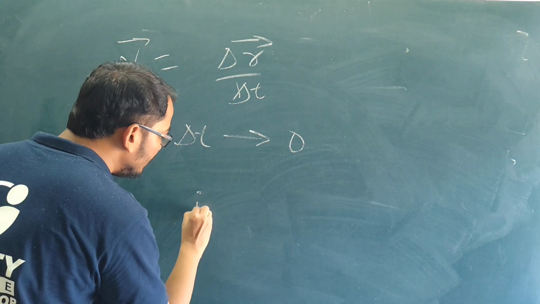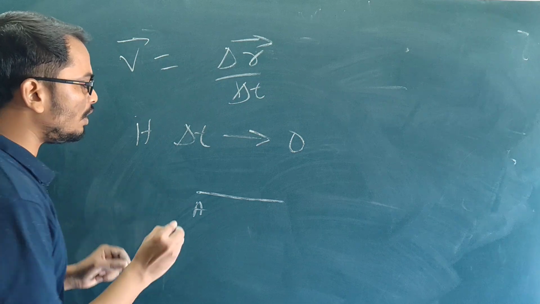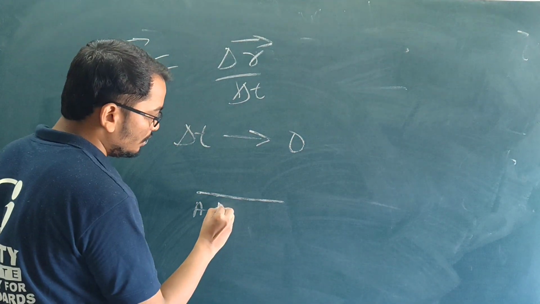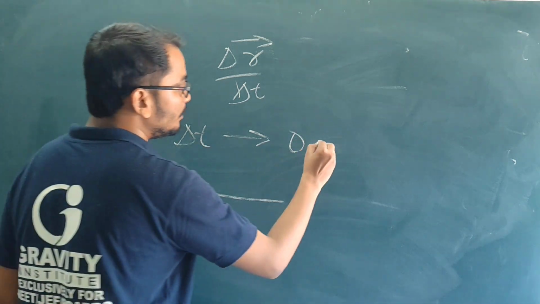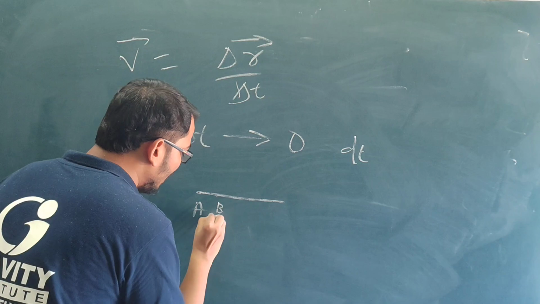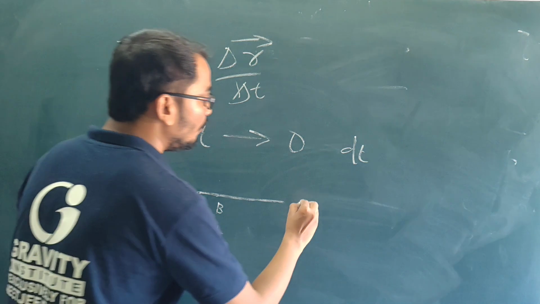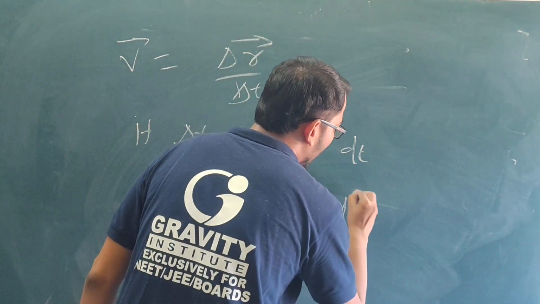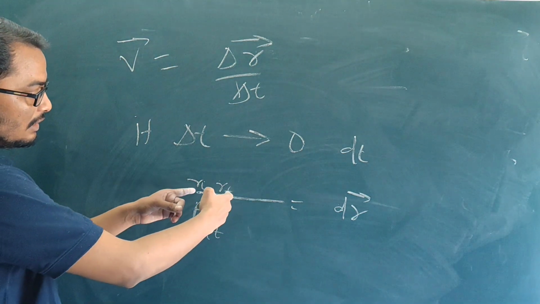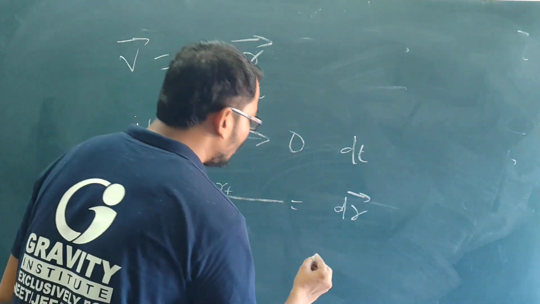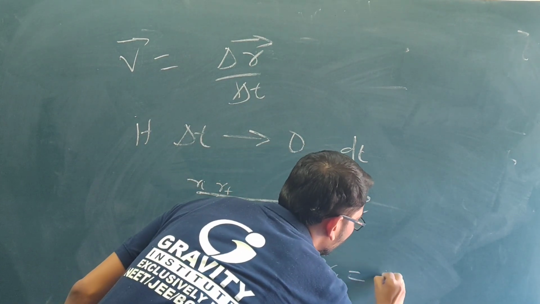Suppose the particle is at A and after an infinitely small time the particle is at B. In very small time, delta T tending to 0, what does it mean? It means dt time. After dt time, the particle is at B. So displacement will come out as small dr. This is R initial, this is R final. This displacement is very small, so we can write R final minus R initial as dr.